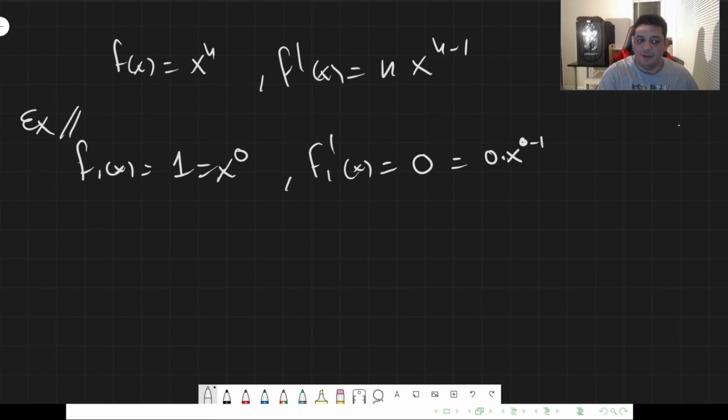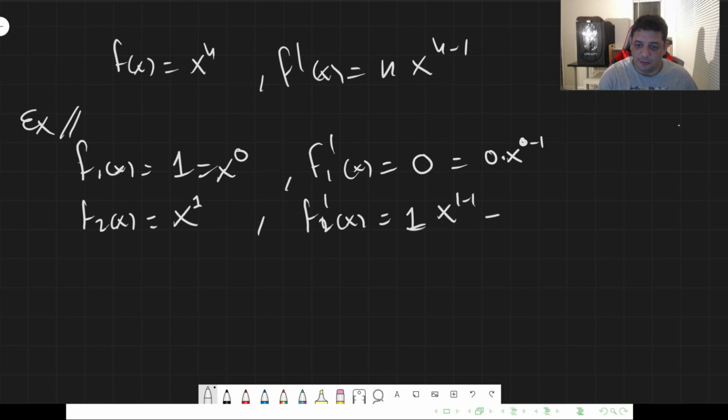Okay, so it holds the rule. Not that necessarily we want to do that. If f of x is x, then f prime of x is going to be put down the 1, which is here in the power, and then x to the 1 minus 1, so 1 times x to the 0, so 1. So the derivative of x is just 1.